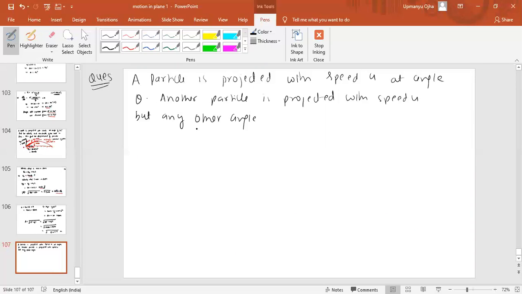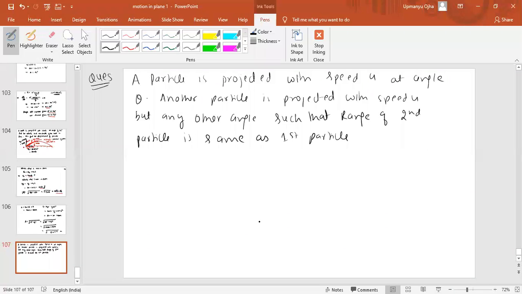Such that the range of the second particle is the same as the first particle.